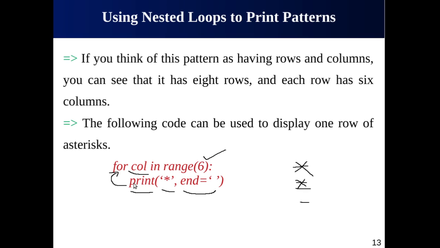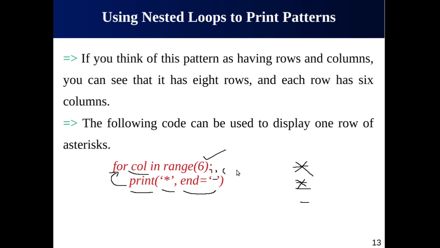So I want to display this asterisk on the same line. For that to happen, I have to mention an argument which is end is equal to. Here you do not need to give space. This is actually a single quote, a single quote.